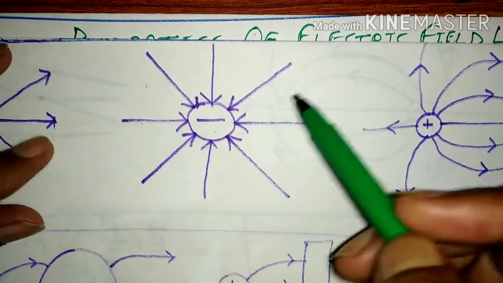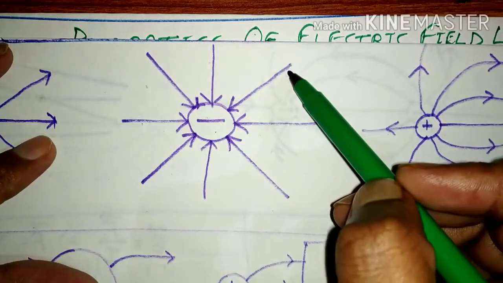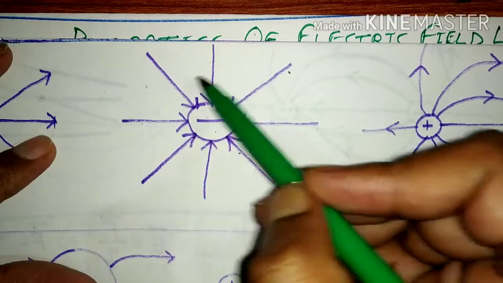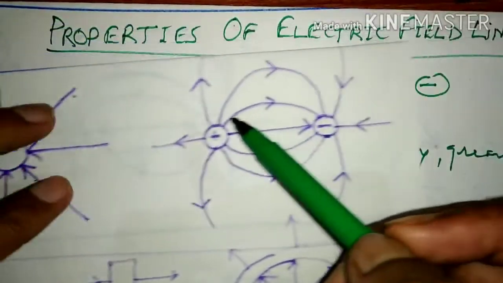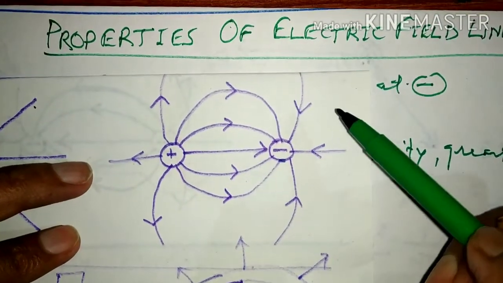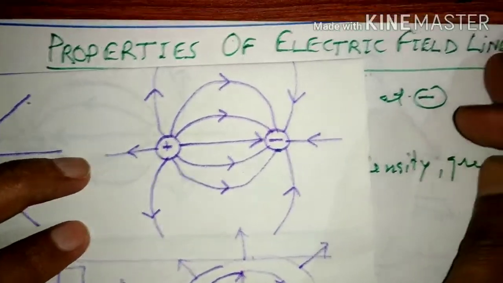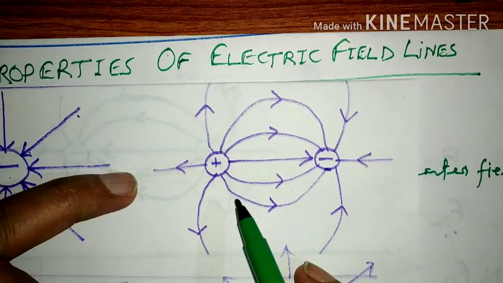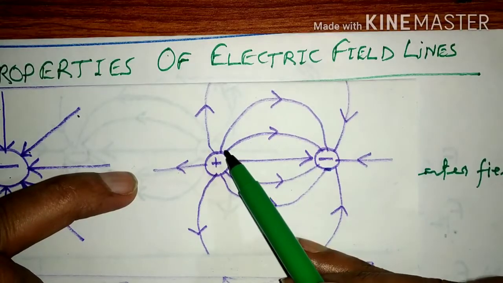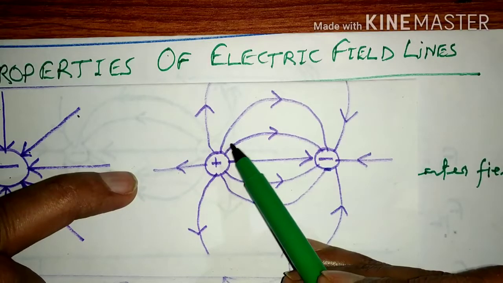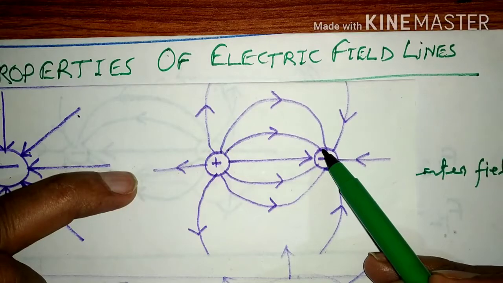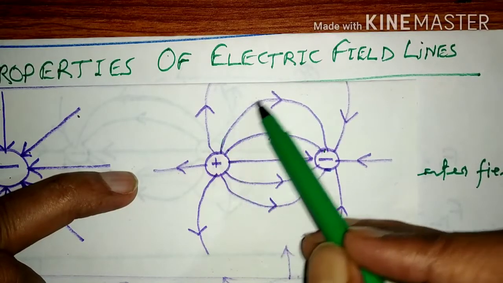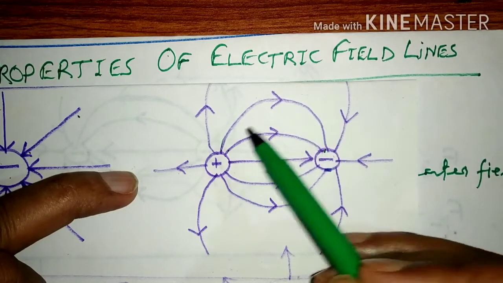For a negative point charge, all the electric field lines are terminating at the negative charge. What happens if there is a system of positive and negative charges? The electric field lines will start from positive and terminate at negative. You can see these curves are starting from positive and terminating at negative.